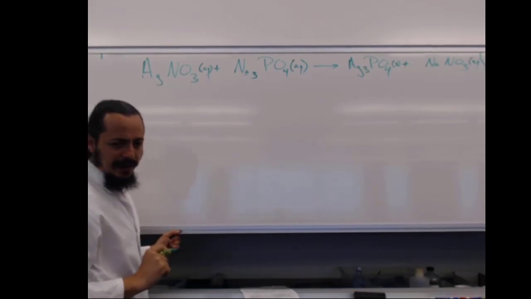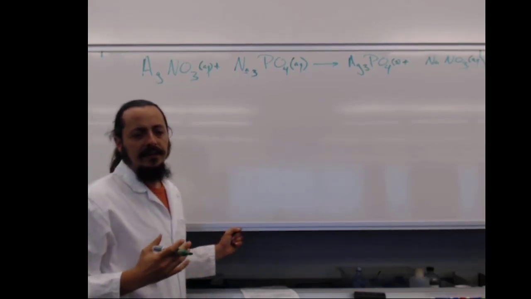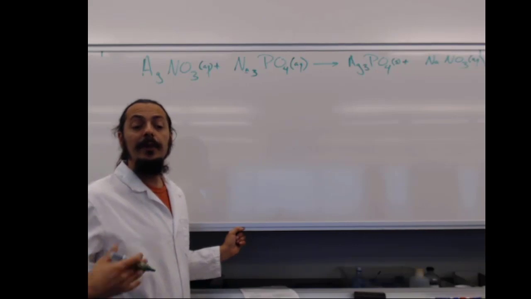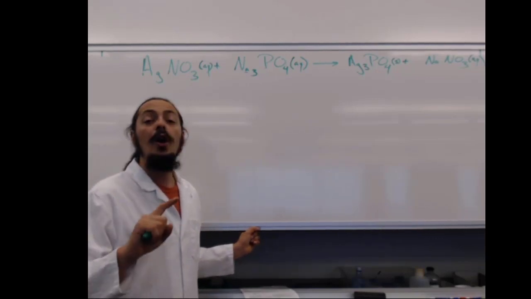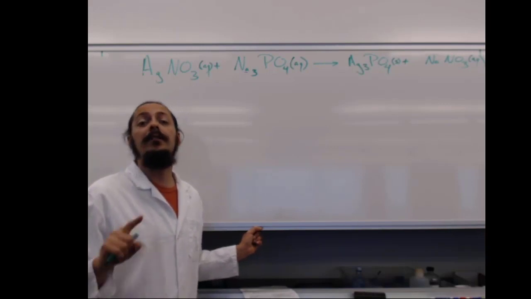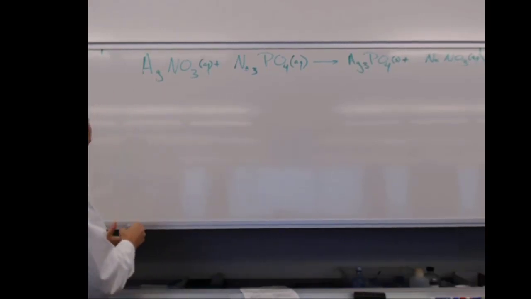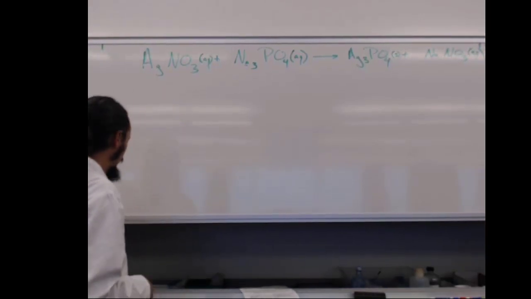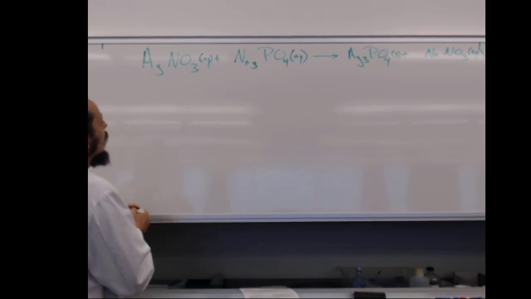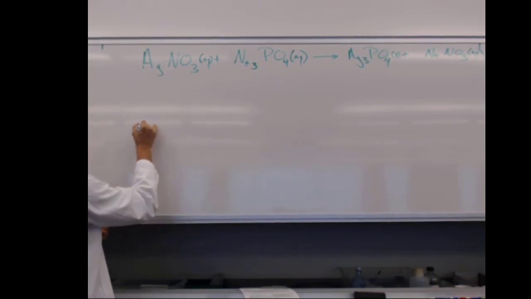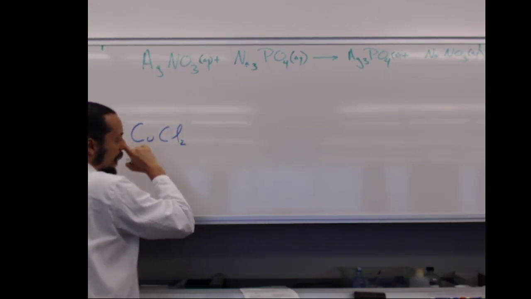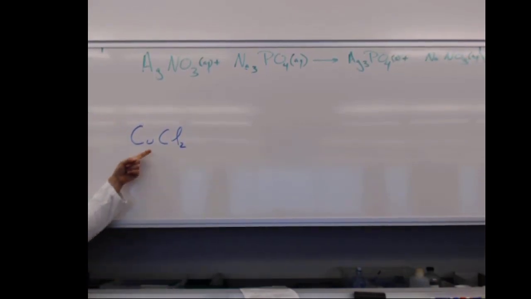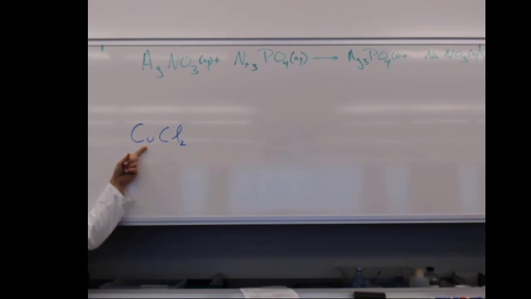So the second reaction we're going to look at is copper chloride mixed with sodium carbonate. And I've got to be more specific than that. Copper 2 chloride mixed with sodium carbonate. So in this case, our chemical reaction: CuCl2, remember the copper 2 chloride tells us the charge on copper.